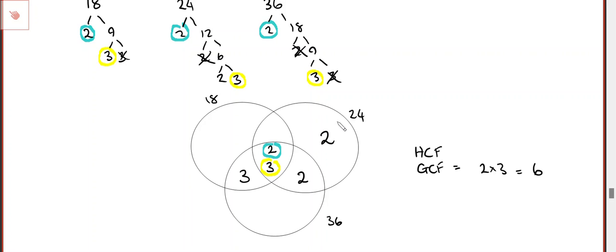All right, so you should be at least writing down the Venn diagram with the numbers in it. Now the LCM, just like with 2 circles, is just these numbers multiplied. So 3 times 2 times 3 times 2 times 2.